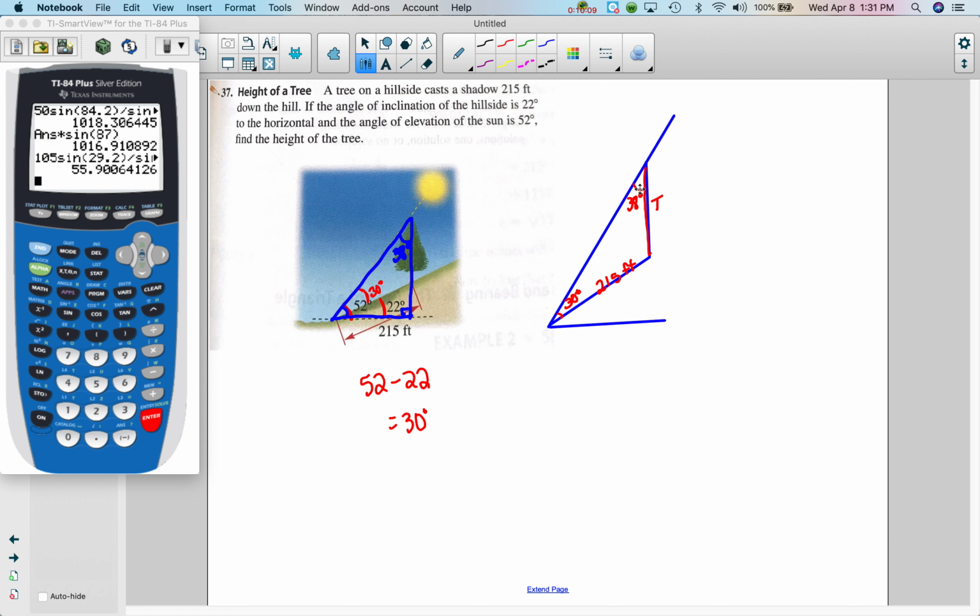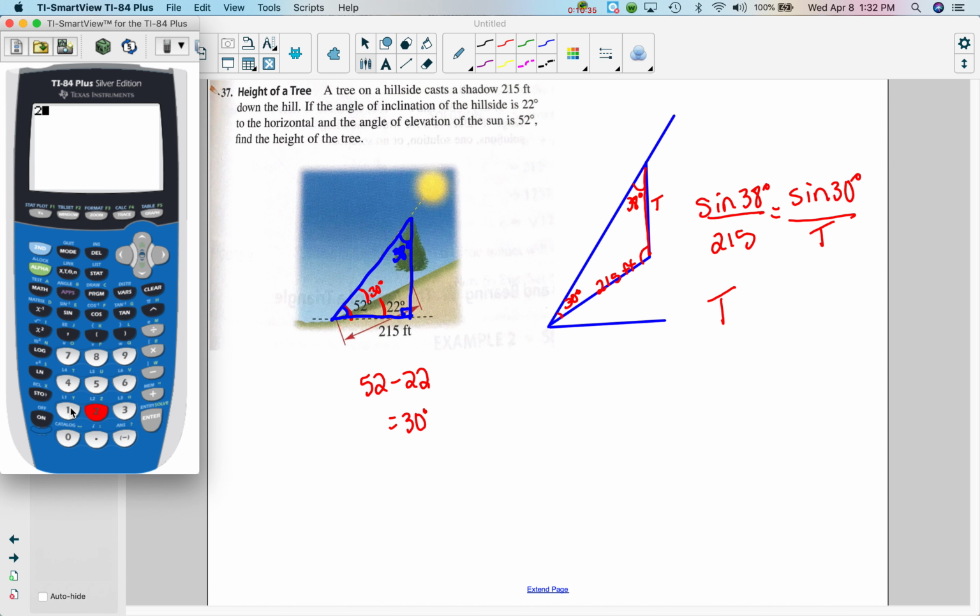Well, now I know that's 38, actually I don't need to know. I could figure out this angle as well, but I can see right away I don't need it because I have an angle and its opposite side, and then another angle and the opposite side I'm trying to find. So I have sine 38 degrees over 215 equals sine 30 degrees over t. And then you can solve for t.